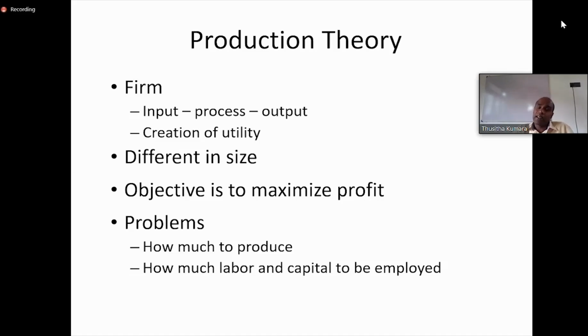Different firms are having different ideas, but at the end of the day, the final goal is profit maximizing. Or at least we assume that the objective of a firm is to maximize profit. When our objective is to maximize profit, there are certain decisions that we need to make. Right? First one is how much to produce.